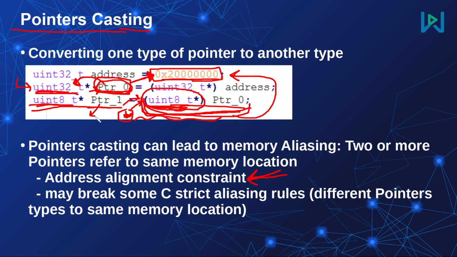If we initialize this pointer with a different address, which is 1-byte aligned, then we cast this one to be 32 bits, and we utilize this 32-bit pointer to access the same address, then we'll end up performing a 32-bit access to a byte-aligned address, and this is considered unaligned access. For hardware that doesn't support unaligned access, we'll end up having a fault.